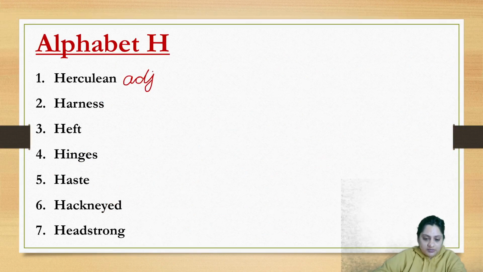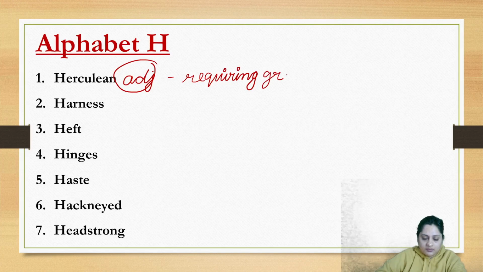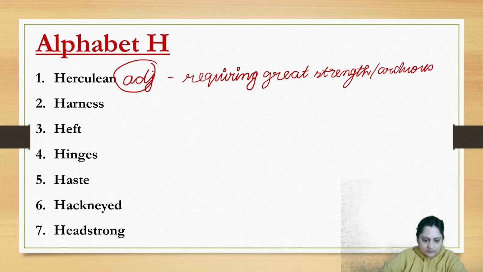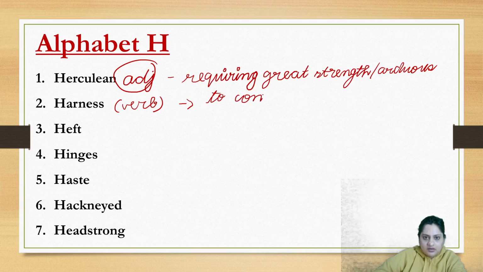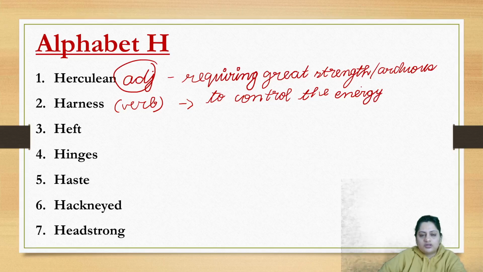Herculean task. Herculean, which requires great strength, requiring great strength, great effort. Okay. Something which is grueling, arduous task. Arduous. Okay. Herculean. Harness, we use it as a verb. Okay, to control the energy of something, that is harness, to control the energy, to produce, to achieve something.